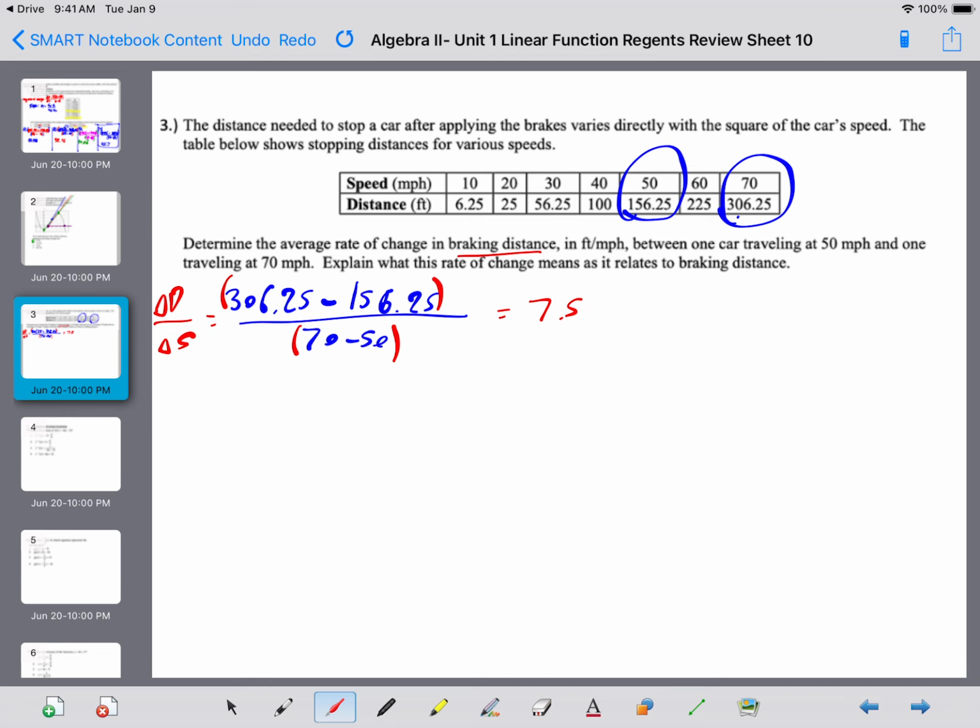So, the best tip I could give you is restate the question.